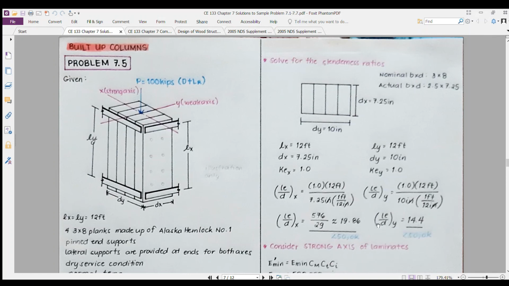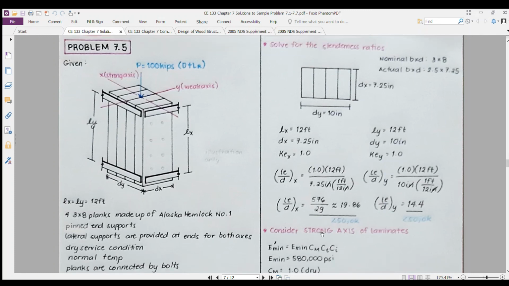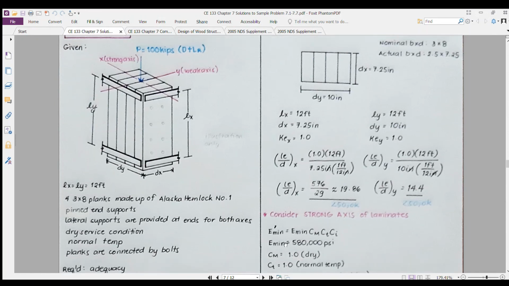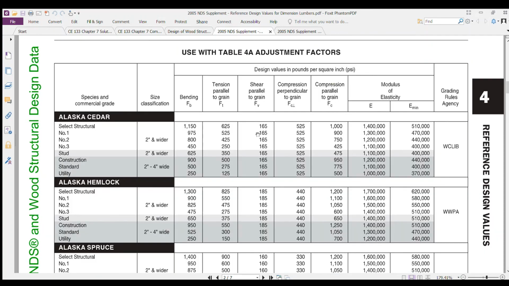So the larger slenderness ratio occurs in the x direction. Now, considering the strong axis of the laminates, we need to determine the adjusted value for E sub mean. Since we have Alaska hemlock number 1, we have an E mean of 580,000 psi.